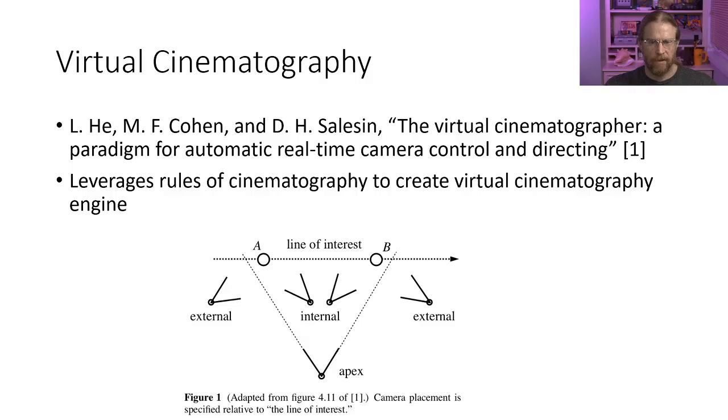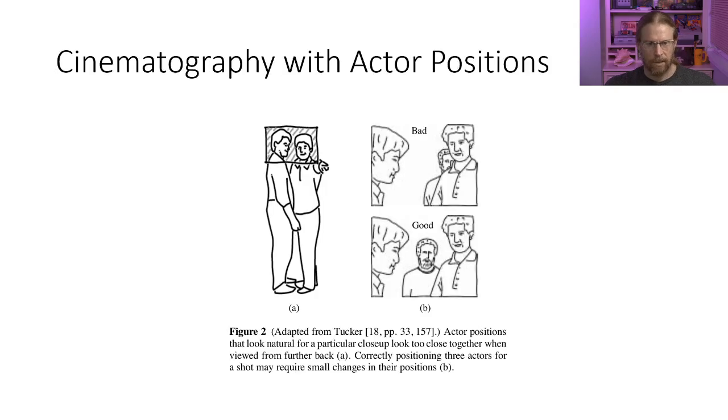This first one is the virtual cinematographer, a paradigm for automatic real-time camera control and directing. Here we've got this concept of a line of interest, which draws from cinematography. It's like consideration of, say, two characters interacting, and we'll take a closer look at this.